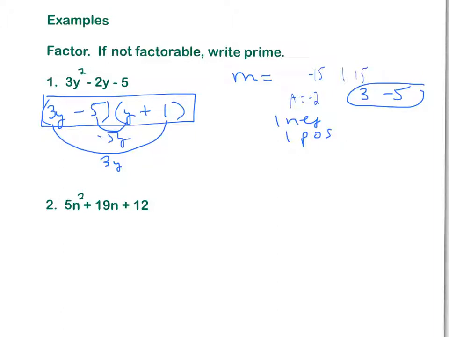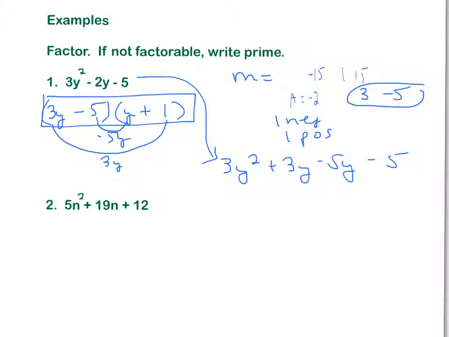The second method is to make it 4 terms. The first part of this is the same. I still want to come up with these two numbers. But what I'm going to do is take this problem over here, and write it as 4 terms. I have 3y squared, and instead of a -2y, I'm going to write plus 3y minus 5y minus 5. So you can see that this part right here, the 3y minus 5y, is the same as -2y.